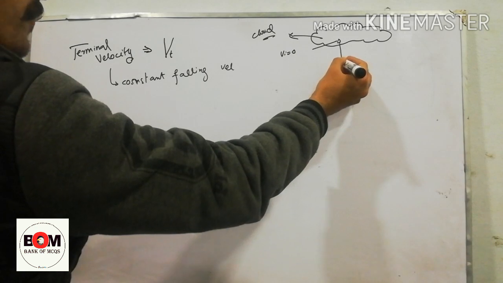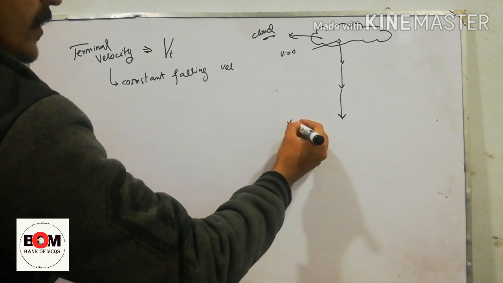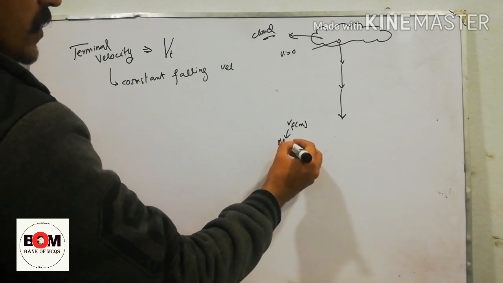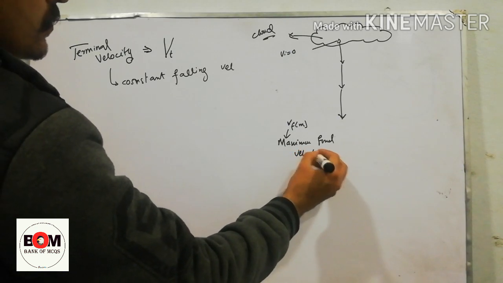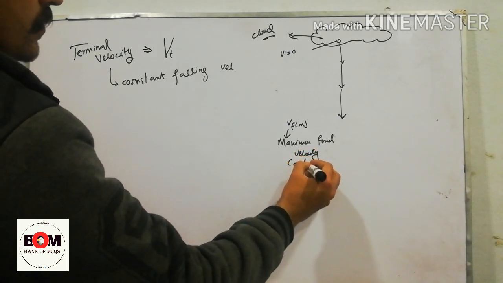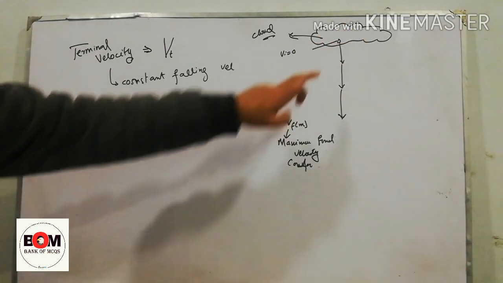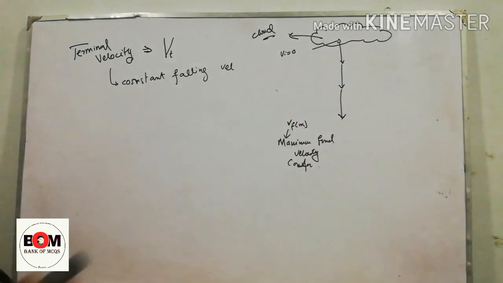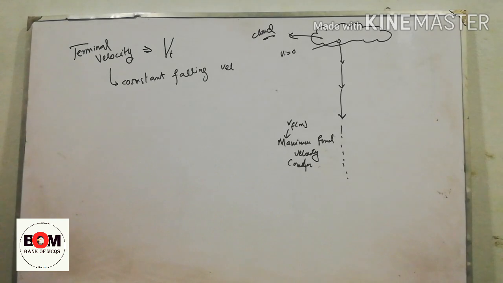The water drop starts falling downward at a certain speed, and at a certain time it will get its final velocity, the maximum final velocity, which is constant. So whenever a water drop starts falling from a cloud, after some time it will get its maximum velocity. It will not increase its velocity further. So it will keep falling with constant maximum velocity. This constant maximum velocity is called terminal velocity.